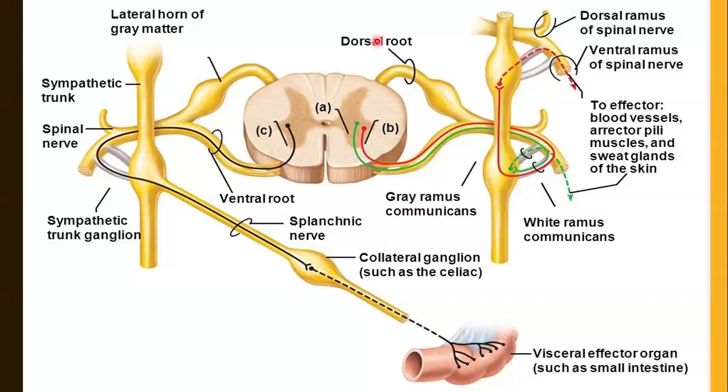Most of these spinal nerves will be organized like this. From the spinal cord, there'll be multiple rootlets on the ventral aspect and multiple rootlets on the dorsal aspect of the spinal cord.